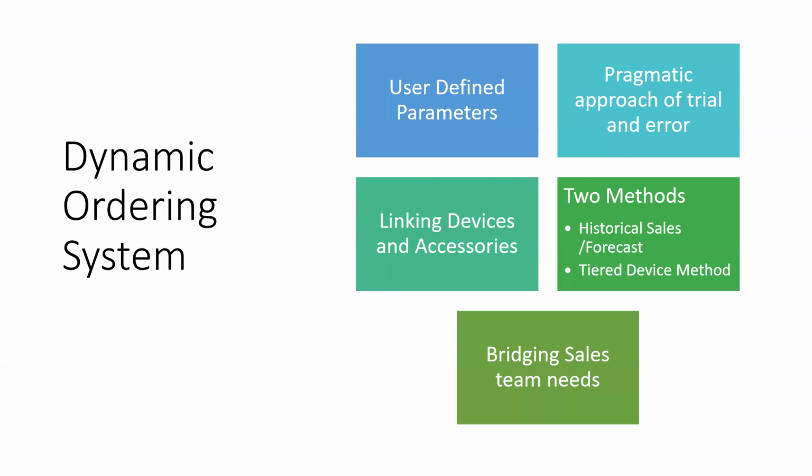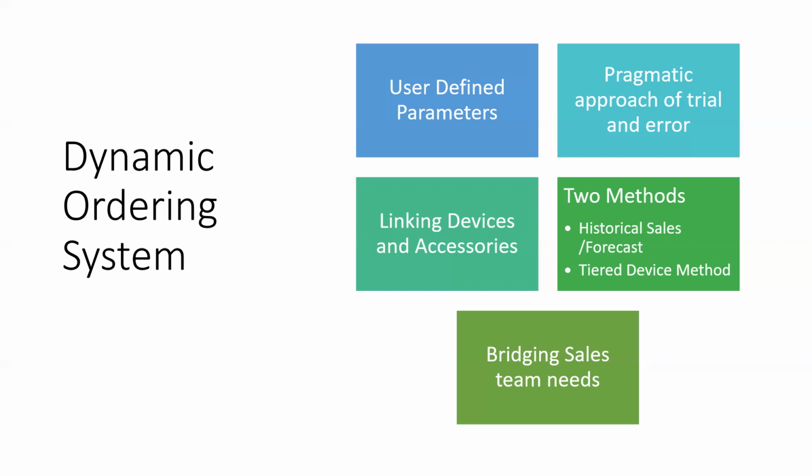So this tier device method allows you to catch patterns that you could not catch with your historical sales, because if there is a new device launch, and 99% of the time, your lead time on devices is much faster than it is on accessories. And so you're going to have your devices faster than you get your accessories.